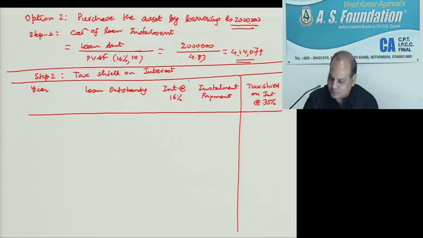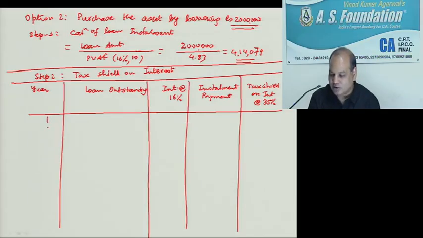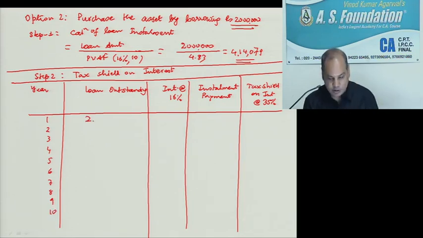You will do yourself. I will only just start the problem by writing year 1, 2, 3, 4, 5, 6, 7, 8, 9, 10, and your starting point will be 20 lakh. What is the interest rate? 16%.